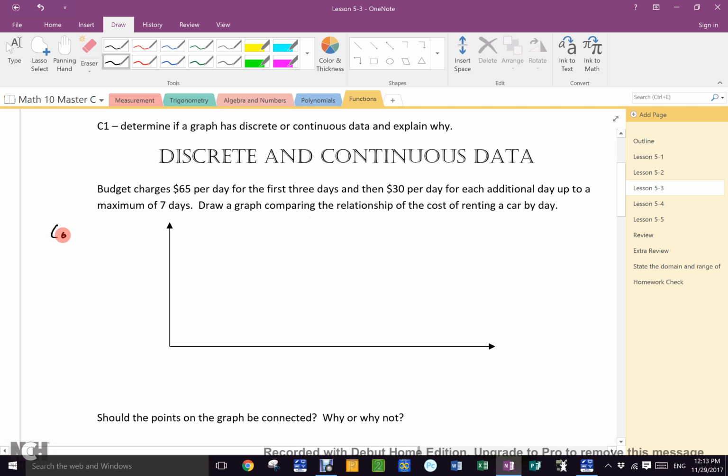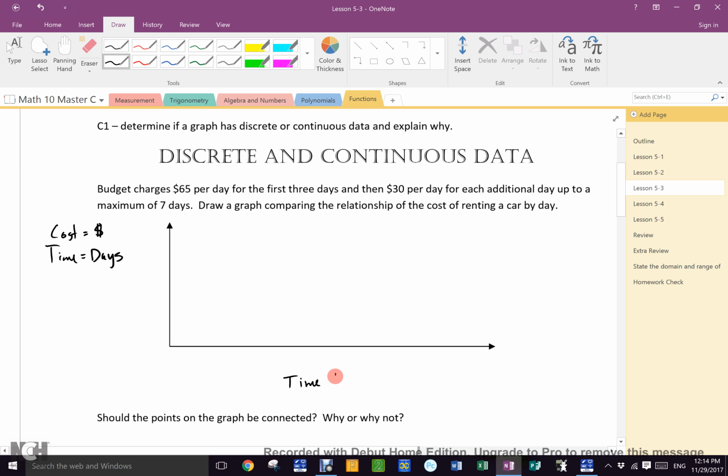I am comparing cost, which I am measuring in money, and I am comparing time, which I am measuring in days. Everyone agree? Okay. Which one of those is the independent variable? Time. So down here is going to be time, and it is going to be measured in days.